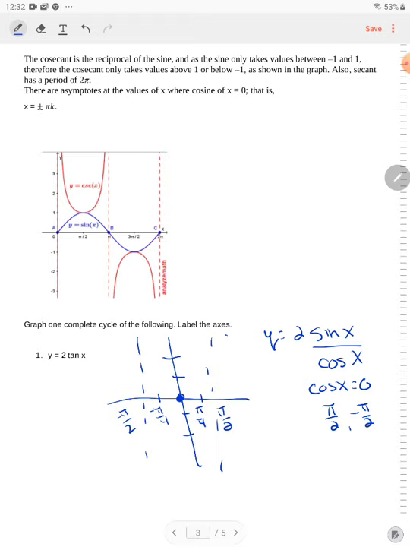However, because of the 2, it's multiplied. So what happens is you go down 2 and up 2. Because tangent is an increasing function, it looks like this. Kind of a rough sketch. Make sure you do not cross those asymptotes, but approach the asymptotes.